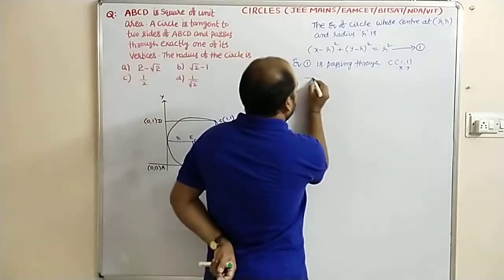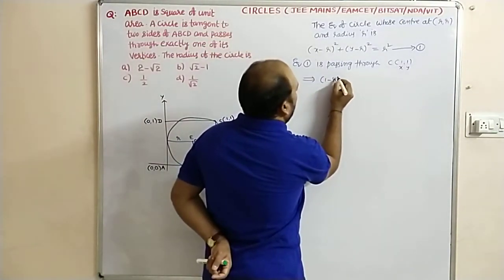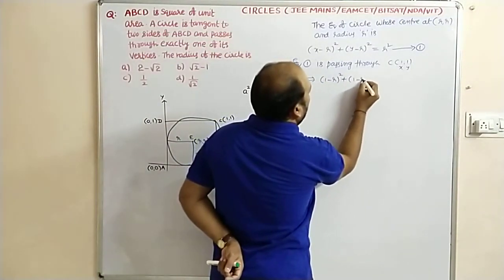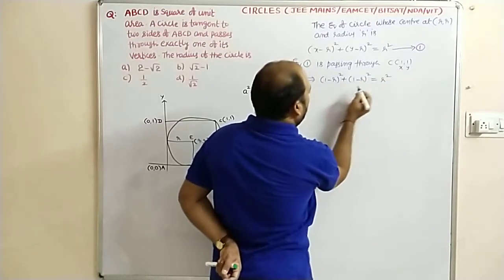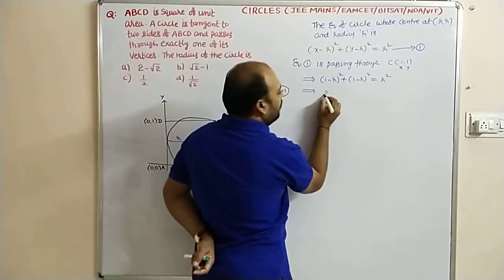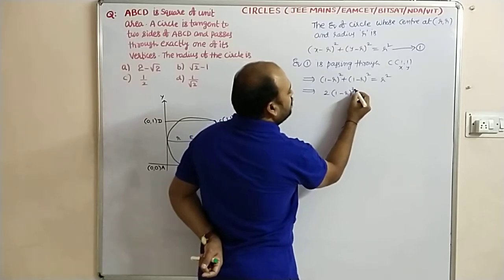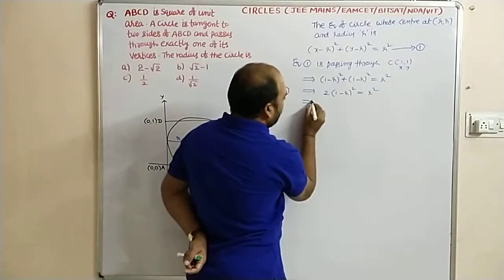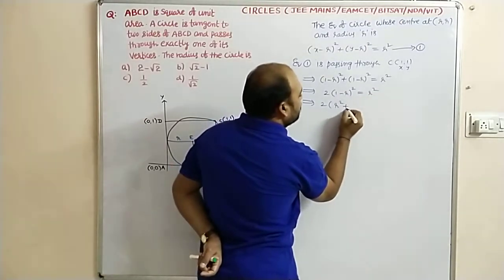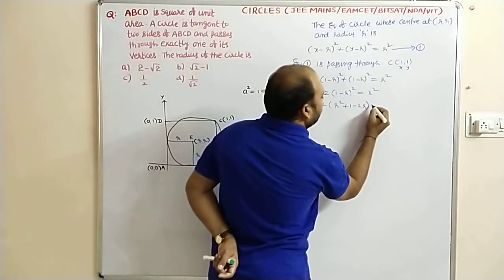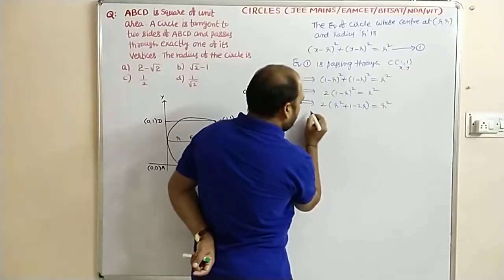It becomes (1 minus r) whole square plus (1 minus r) whole square equal to r square. That implies 2 times (1 minus r) whole square equal to r square. So 2 into (r square plus 1 minus 2r) equal to r square.